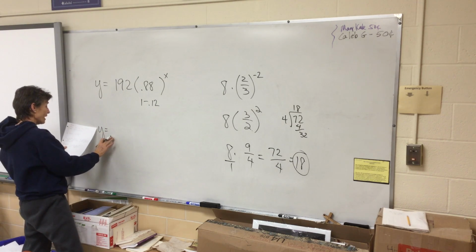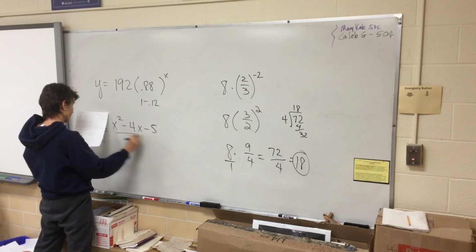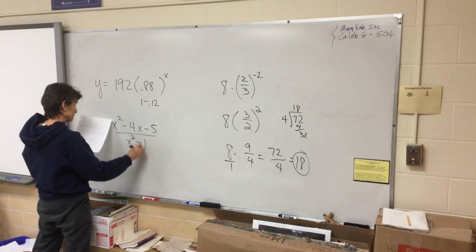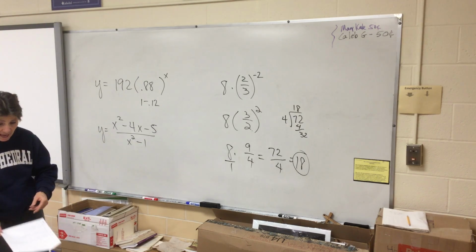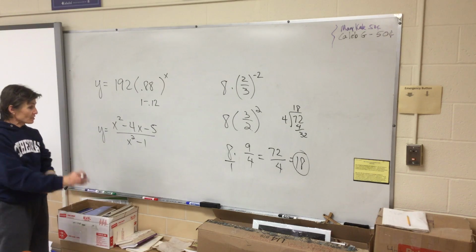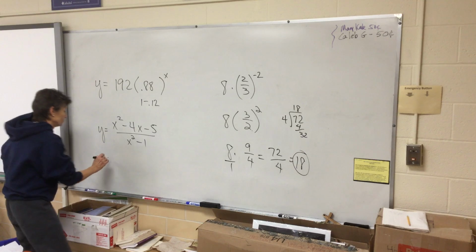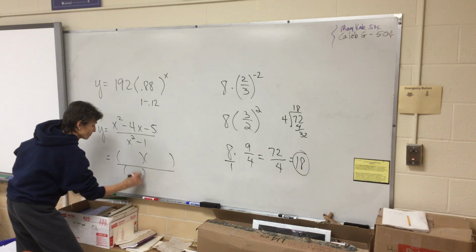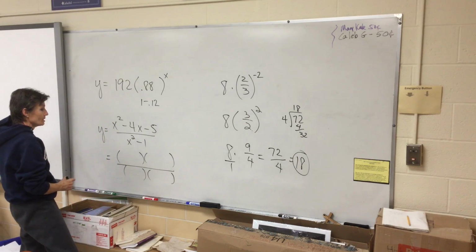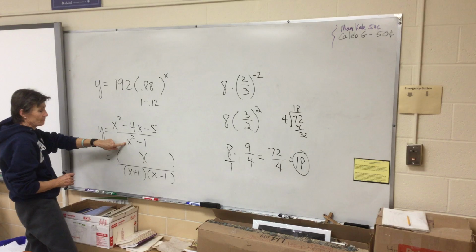Now we're going to find the asymptotes and holes for this guy. Now to do that, we're going to have to start by factoring. So the bottom is the difference of squares, that's easy.